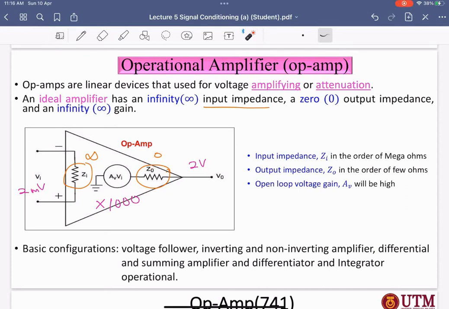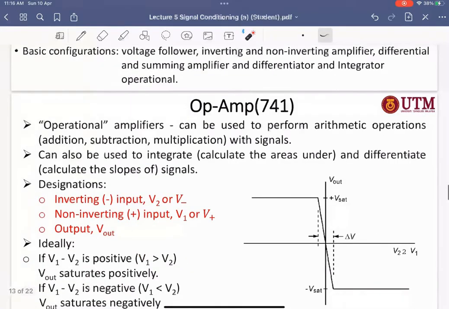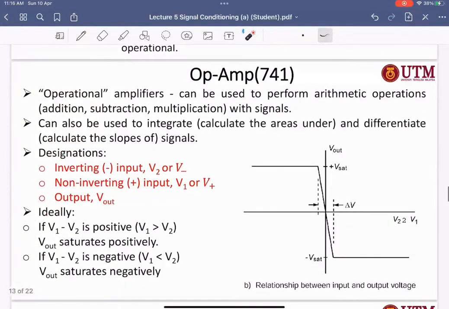For the OM, you can configure it as voltage follower, inverting, non-inverting, differential, and so on. We will look into that one by one. The OM can also be used to perform arithmetic operations like addition, subtraction, multiplication, and so on.